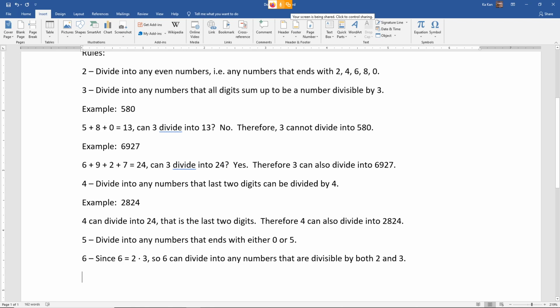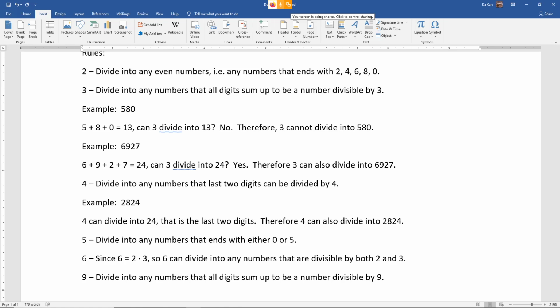Now 7, we don't really have any rule for that. So let's just do 8, not really any rule. 9. 9 can divide into any number whose digits all sum up to a number divisible by 9.